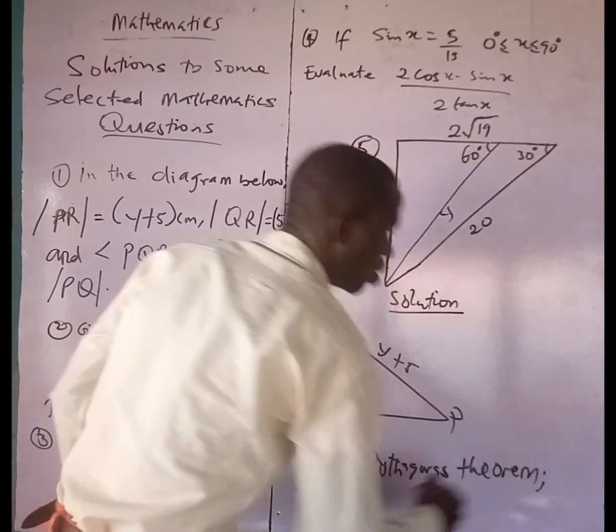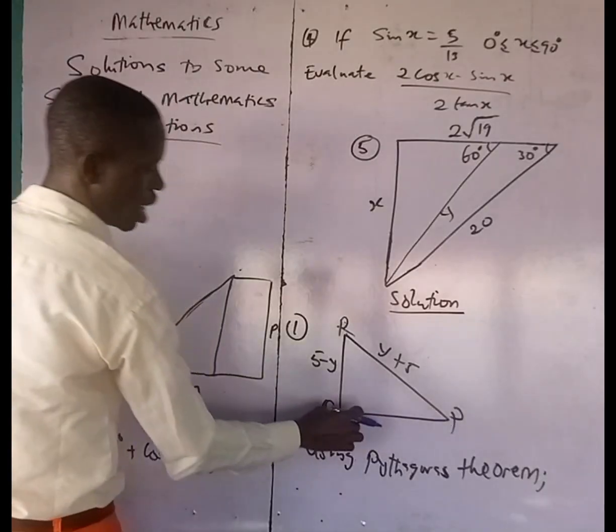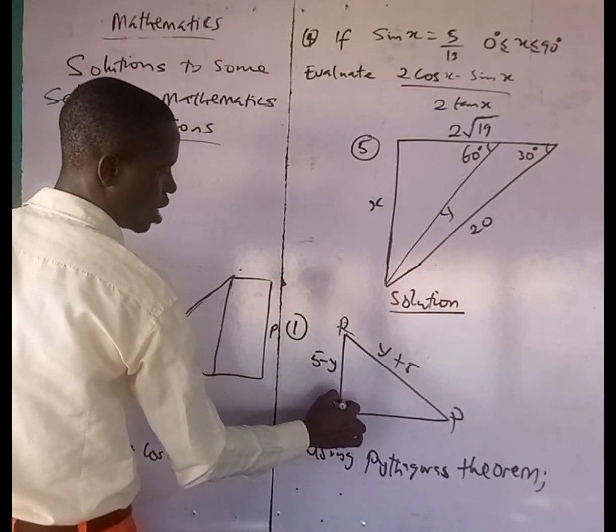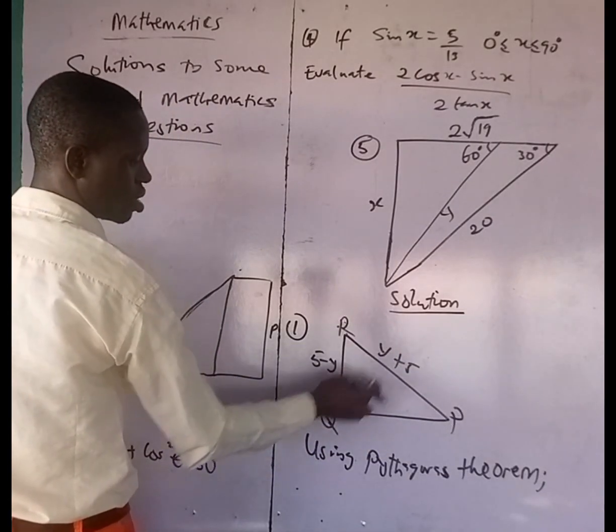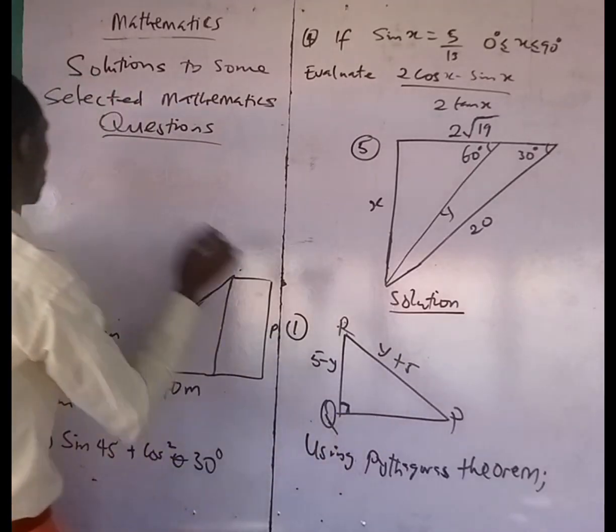Using Pythagoras theorem, the longest side is the side facing the angle 90 degrees, and it is called the hypotenuse.